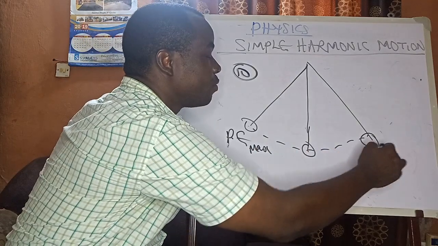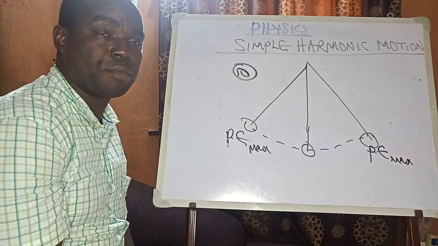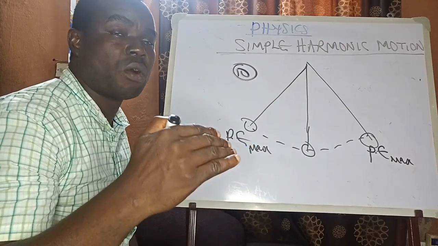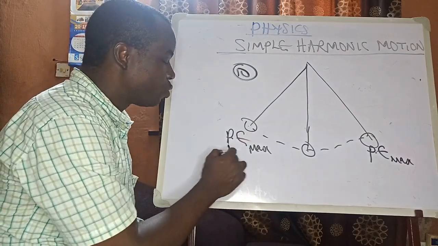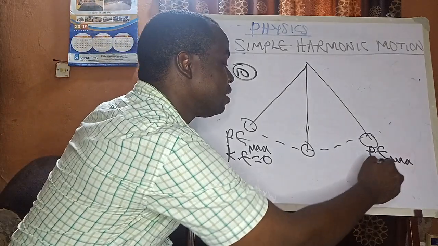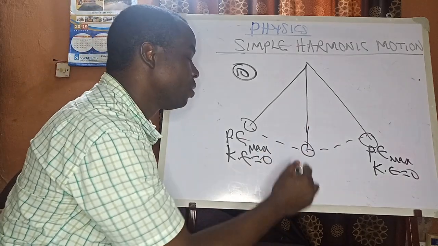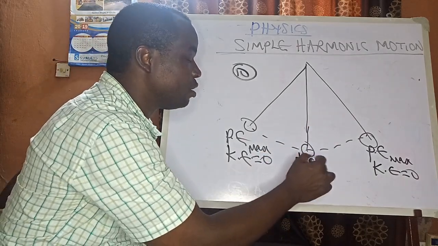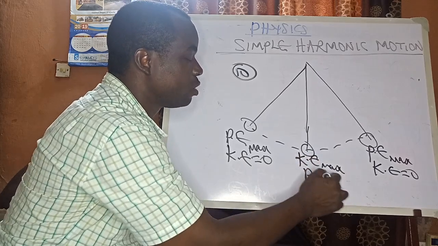And also here, it has maximum potential energy. Are you with me? Because it's at rest. You remember that potential energy is the energy of a body at rest. Now, but here also the kinetic energy is equal to 0. And also here the kinetic energy is equal to 0. Then here is in motion. So the kinetic energy is maximum and the potential energy is 0.